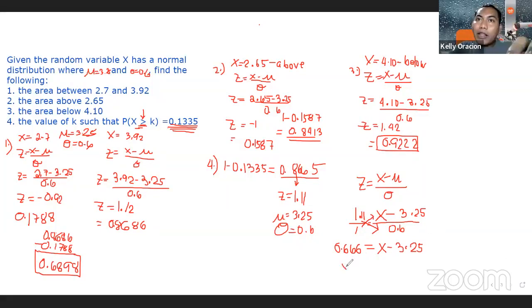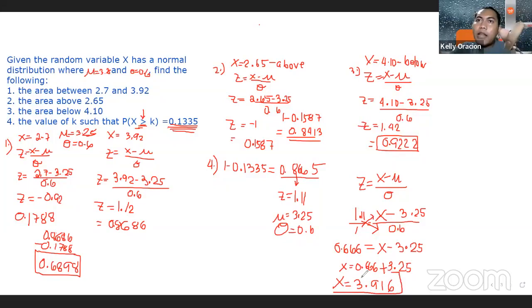Then combine like terms. The minus 3.25 becomes plus. The value of x is 3.916.